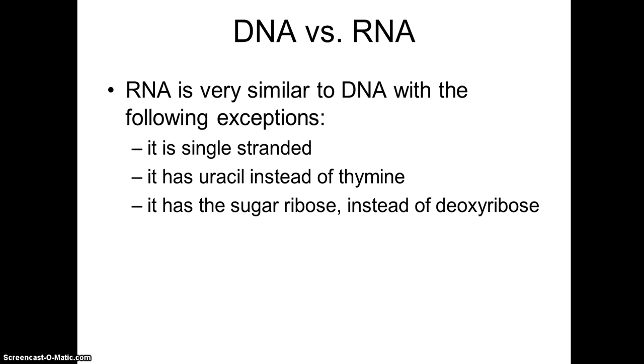There's no thymines in RNA. There's uracil instead, and it has the sugar ribose, where in a DNA nucleotide the deoxyribose would be found. The only difference between ribose and deoxyribose is that deoxyribose is missing an oxygen, where ribose has that oxygen. So that's where the name deoxyribose comes from.